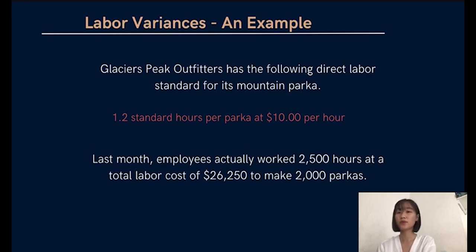So we're back at the example of labor variances, Glacier Peak Outfitters. They have the following direct labor standards for the mountain parka: 1.2 standard hours per parka at $10 per hour. So that's our standard. Then the actual: last month, employees actually worked 2,500 hours at a total labor cost of $26,250 to make 2,000 parkas.